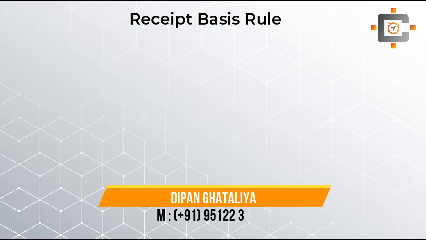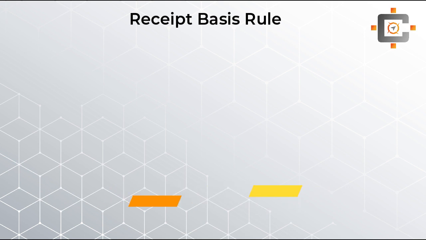Okay, now we are moving towards the next topic, which is the receipt basis rule. Now this is a very simple thing, students. Most of the time in the practical world, it may happen that your payment date and your salary's due date are different. Let's say the March month's salary becomes due on 31st March, but it is actually paid on 8th of April, and that is the company's policy.